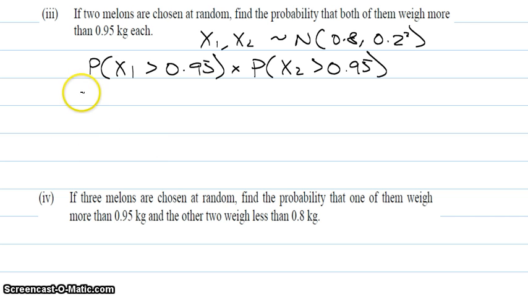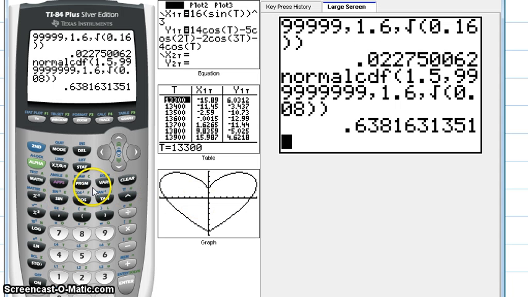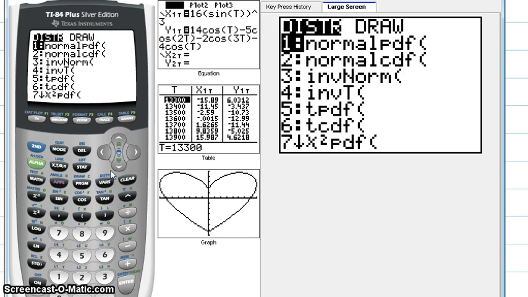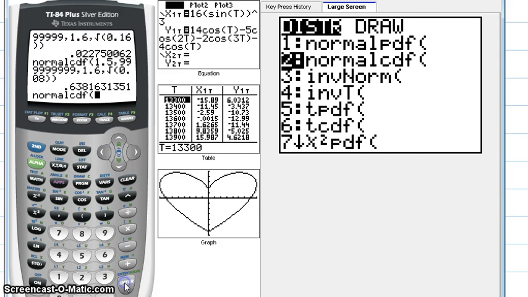So we can key this in to our GC. And we're only going to key it in once and then just square it. So I just want the normal CDF.